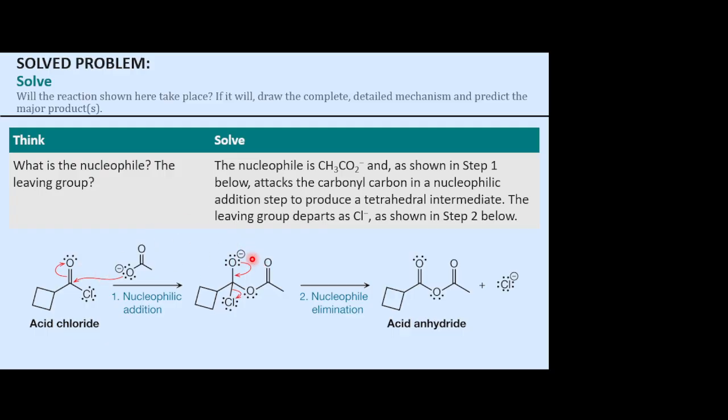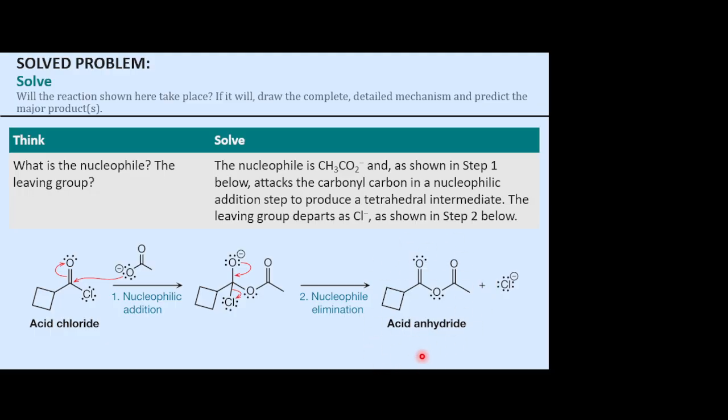And so they're going to come back down, and that's going to reestablish your double bond. That electron density is then going to push one of these species off. In this case, this chloride here is thermodynamically favorable to leave, right? And so this is going to come off, and that's going to give us the acid anhydride.